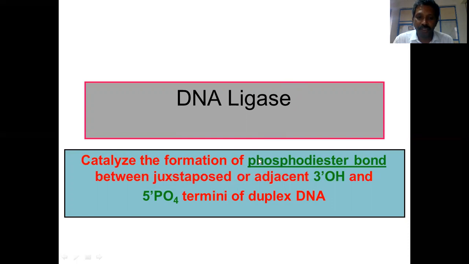So it forms the phosphodiester bond between the 3' OH and 5' phosphate when they are juxtaposed or adjacent on the same strand, right? So this is what a ligase is.